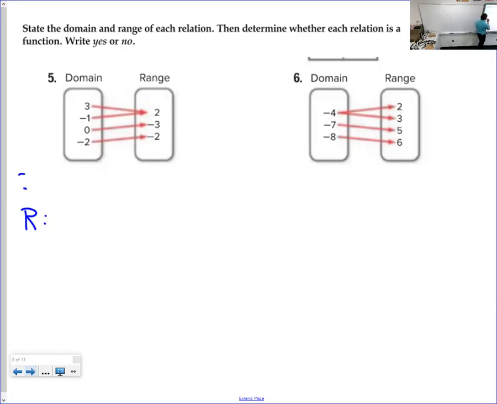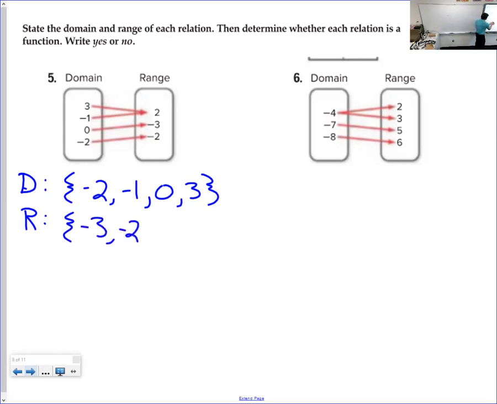I told you go in order, so we want -2, -1, 0, and our range is -3, -2, and 2.